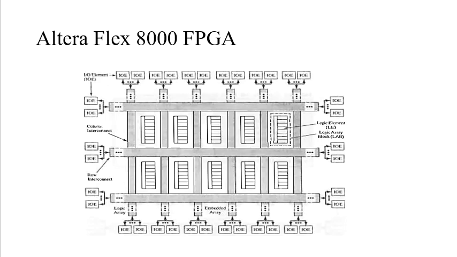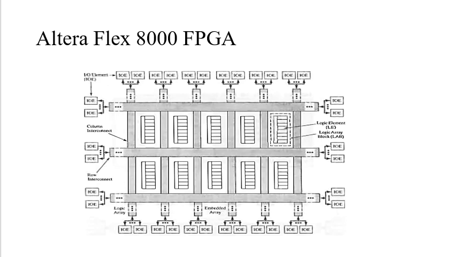The other things are the switch matrix, the switching interface, and the embedded array. Here you do not have the embedded array, and that is the main difference between the 8000 FPGA architecture and the Altera Flex 10K architecture. This is the basic block diagram of an Altera Flex FPGA architecture.